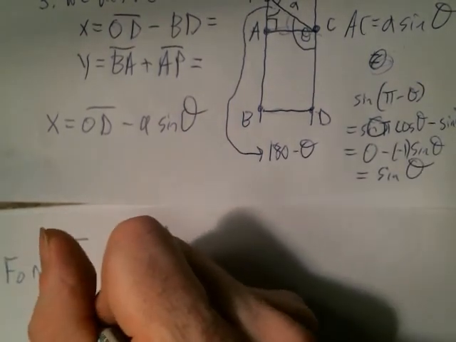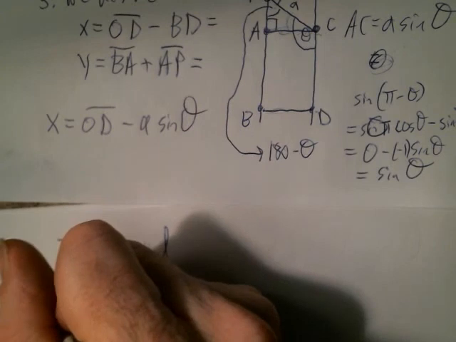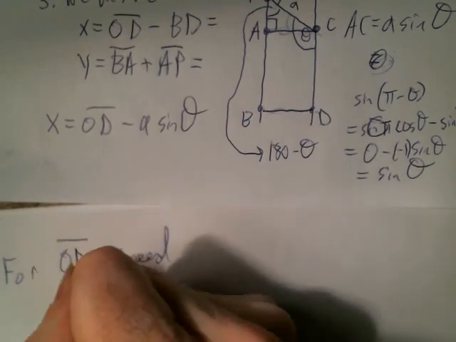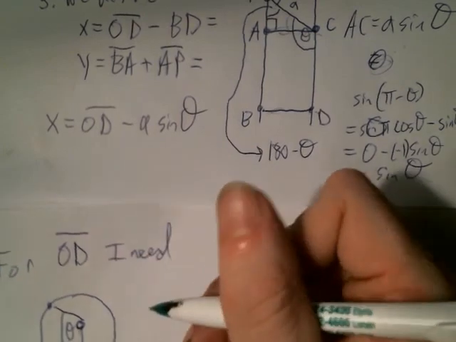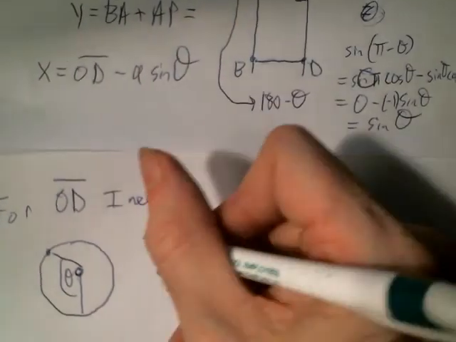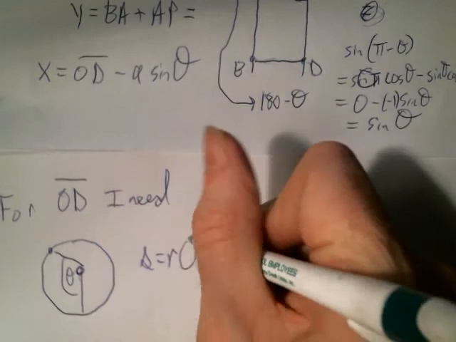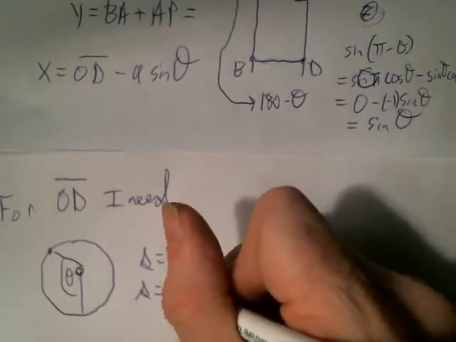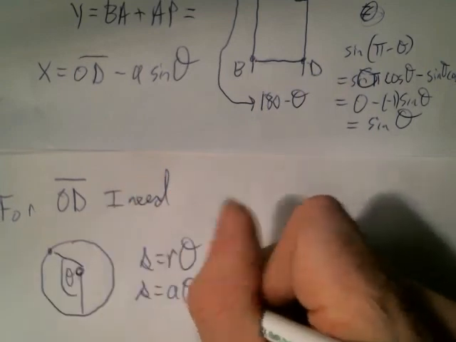So what was the arc length formula? The arc length formula said that if this is my center and I'm worried about this angle theta, the formula is S equals R theta. So in our case, S is equal to R, the radius is A, and then times our theta angle.